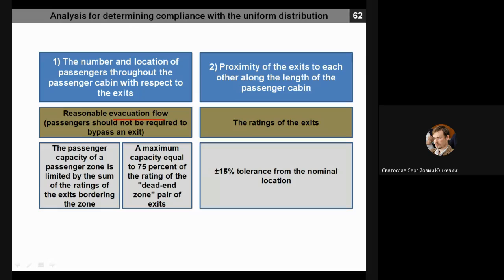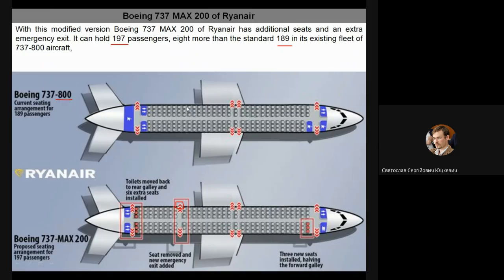What does it mean from the point of view of a passenger? So, this passenger will go through the nearest exit.